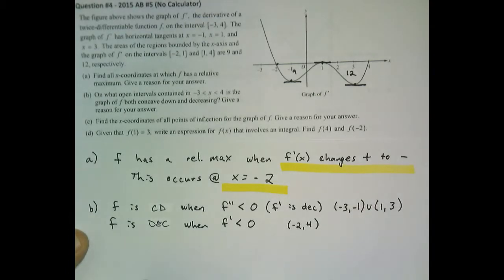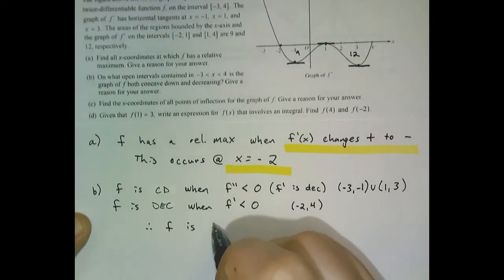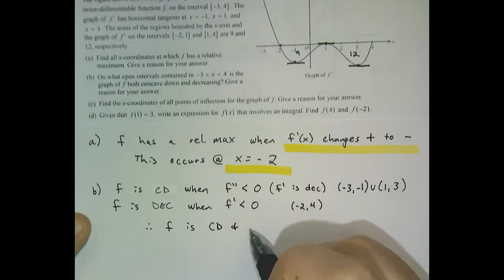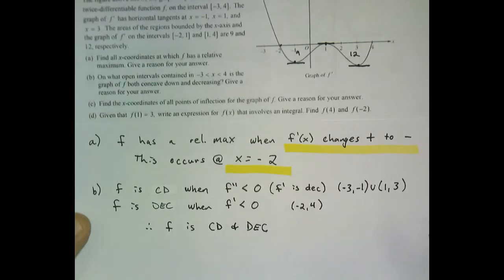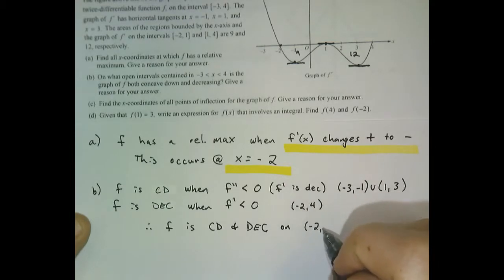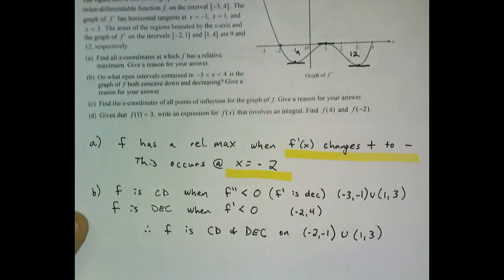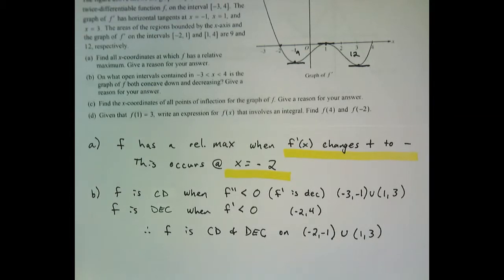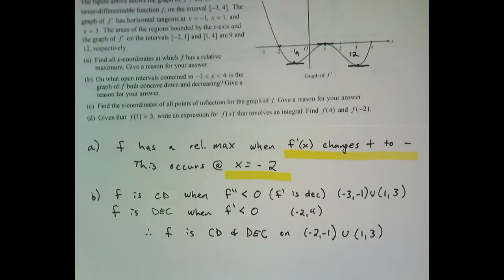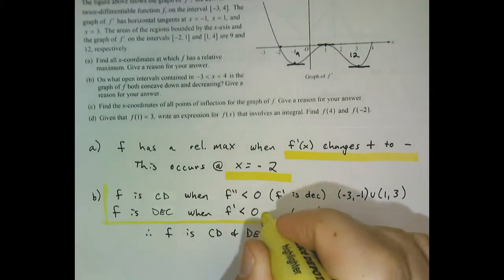So the overlap region where f is both concave down and decreasing would be -2 to -1 in union with 1 to 3. This is worth 2 points, and again it's pretty common. You get the first point for having the answer, and then the second point for having the justification.